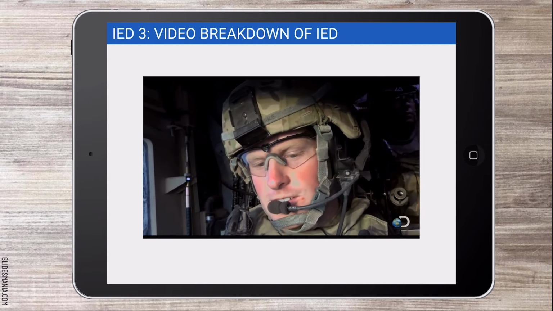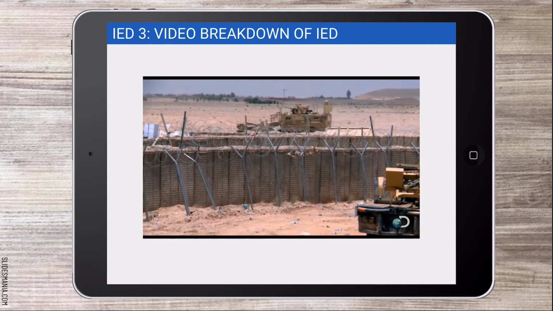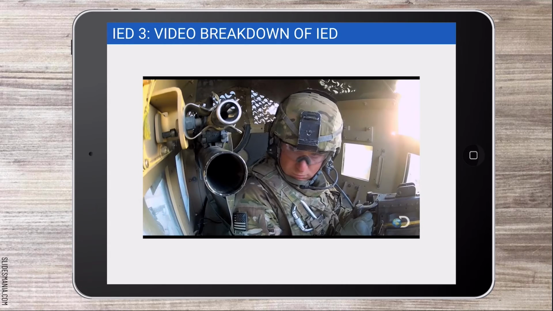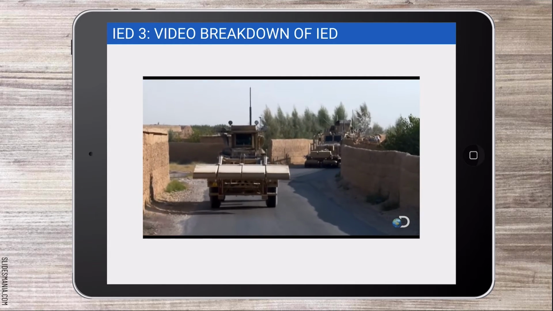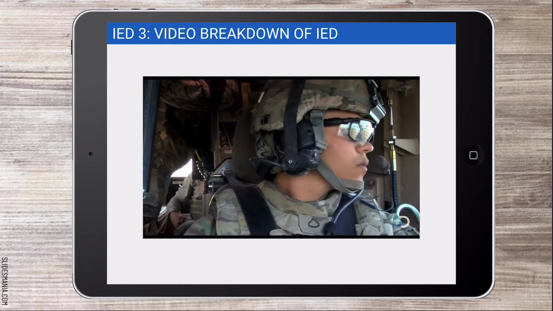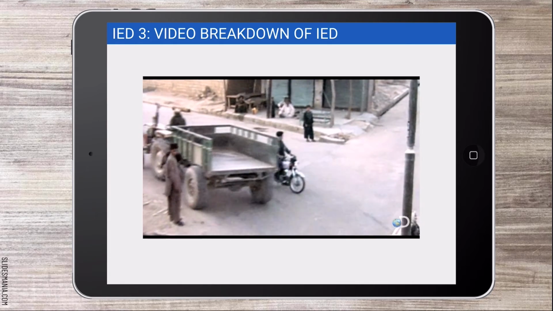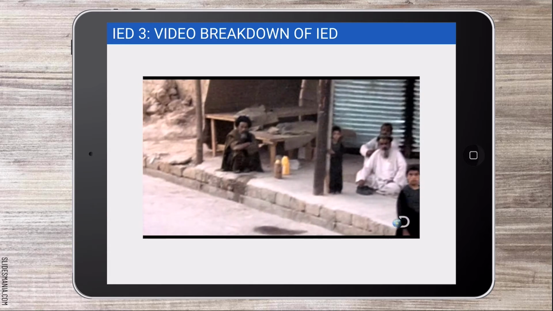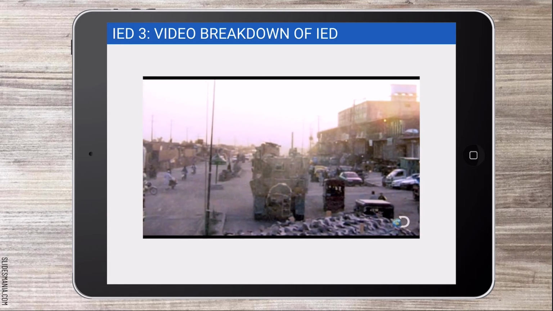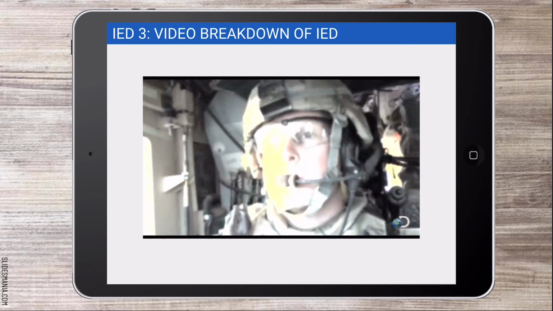Let's get this. Outside the walls of the base, the slow-moving convoy is dangerously exposed. This is the Taliban's home turf, and the insurgent fighters are everywhere. But they don't wear a uniform. Blake and his men are a tempting target for roadside bombs.